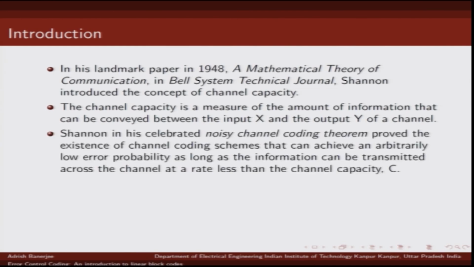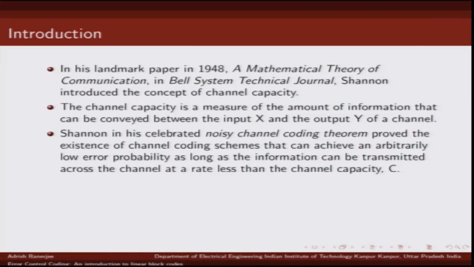Shannon in his theorem also proved that there exist channel coding schemes that can achieve an arbitrarily low probability of error as long as the transmission rate is below channel capacity.